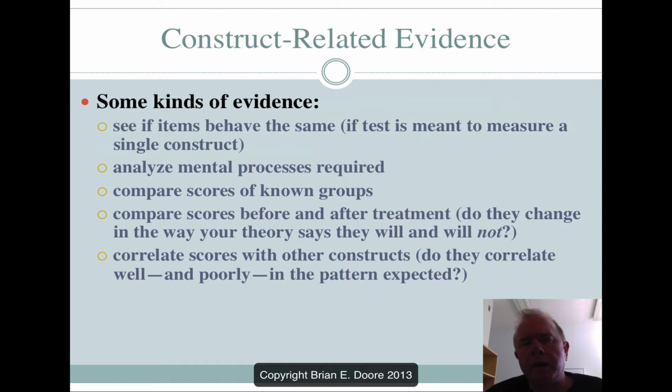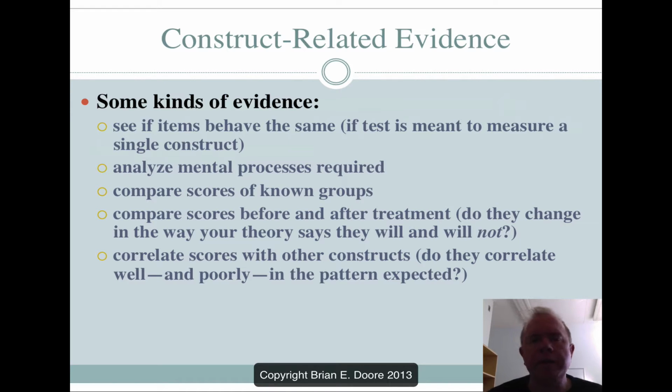So one approach is to look at whether or not the items that we think are measuring, for example, spatial intelligence, all respond the same way for similar kinds of subjects. So if the test is meant to measure a single thing, then all of the items should be about equally difficult for people who have similar abilities.